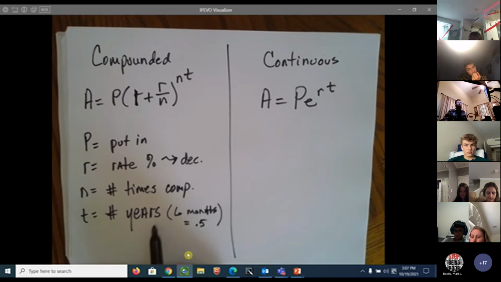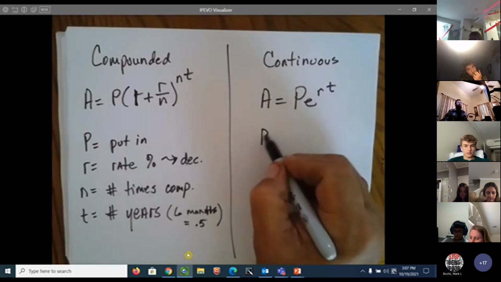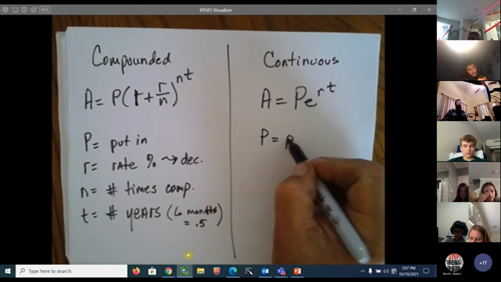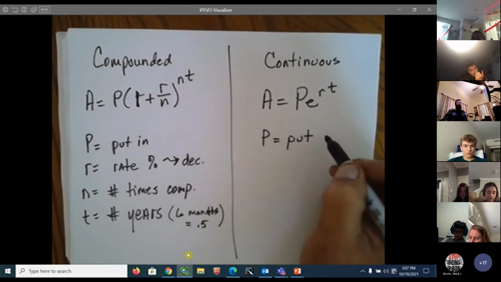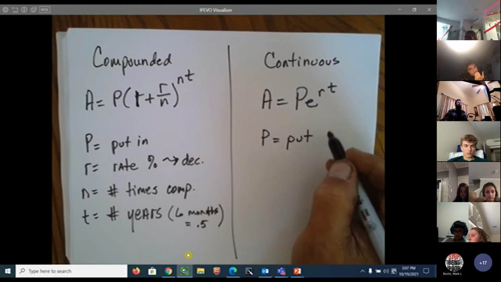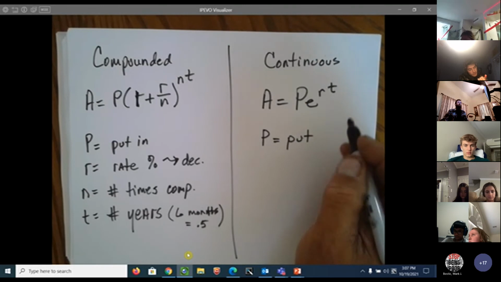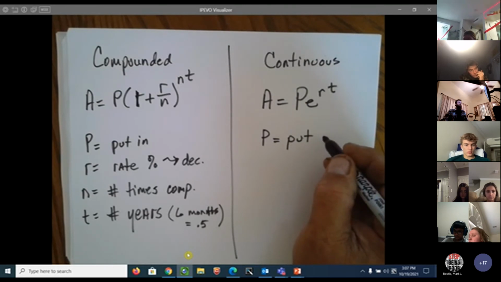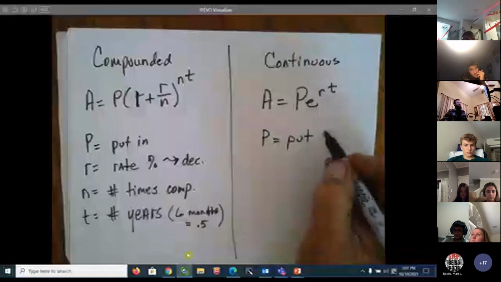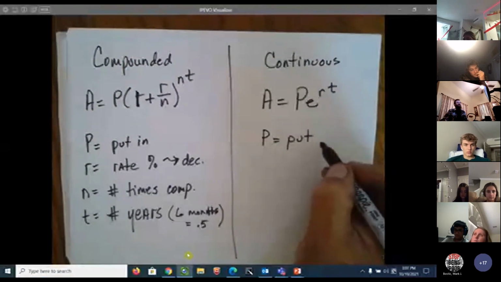So t is the number of years. Same thing over here. P is equal to what you put in. It's called the principal, but I never can remember how to spell it, because I always thought the principal was your friend at school. They spell it p-a-l and it messes me up, so I just say what you put in.